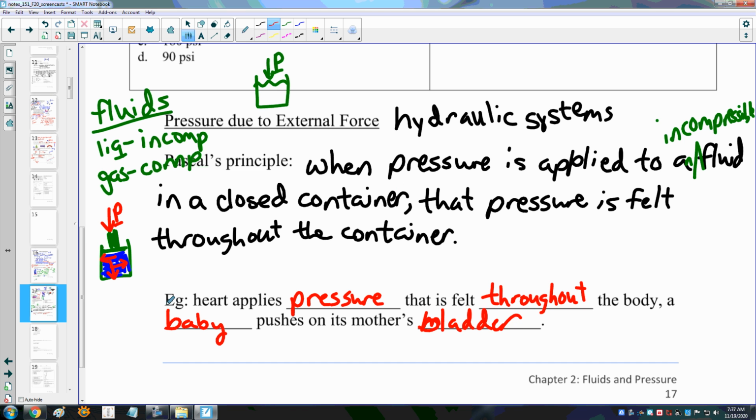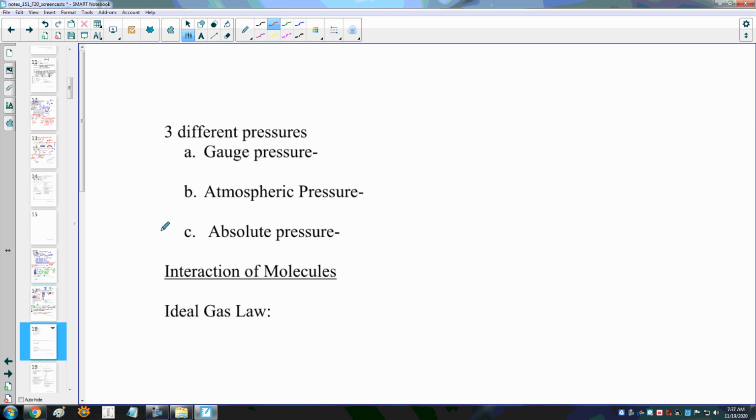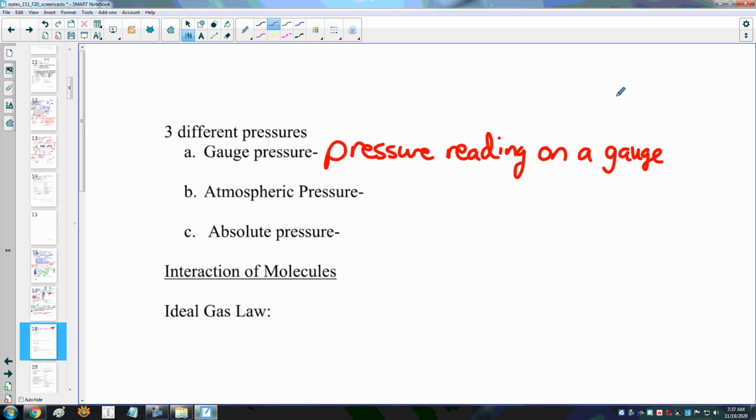There are three different kinds of pressures when we're measuring them, and that is gauge pressure, atmospheric pressure, and absolute pressure. So gauge pressure is the pressure reading on a gauge.